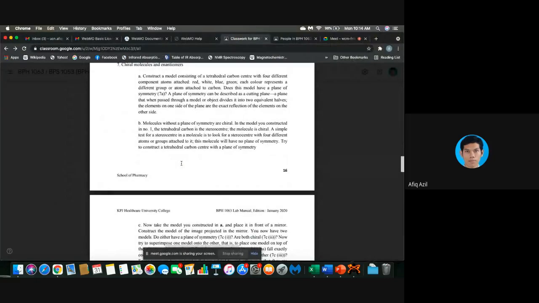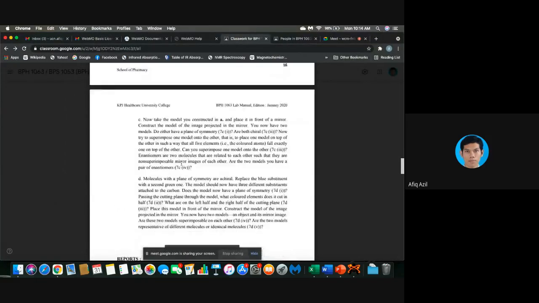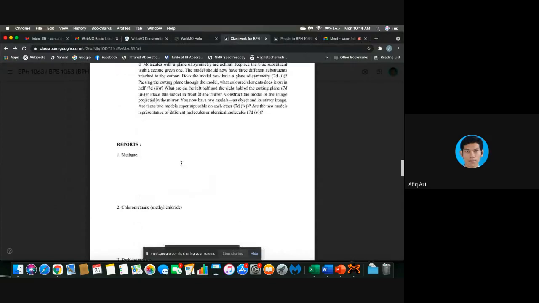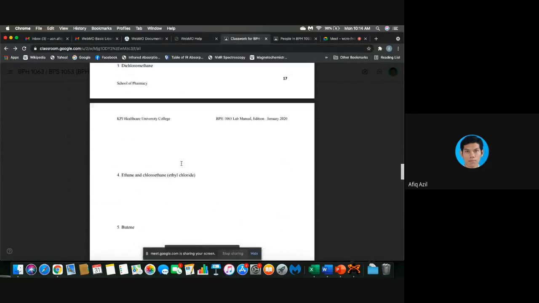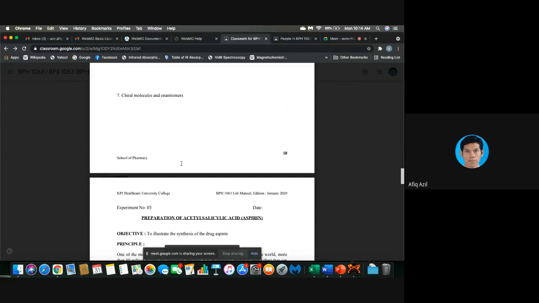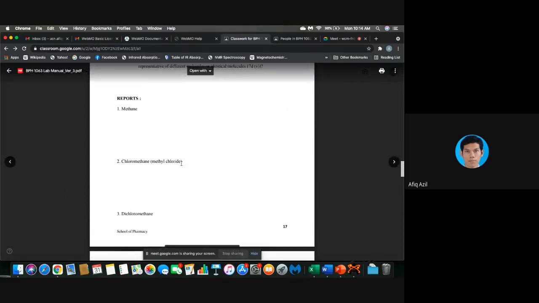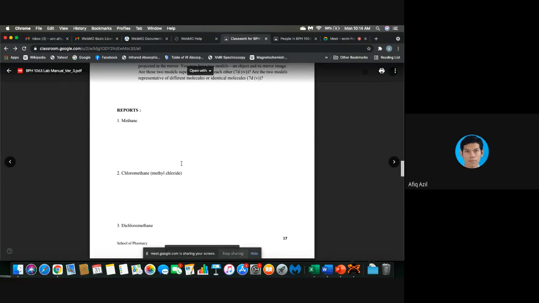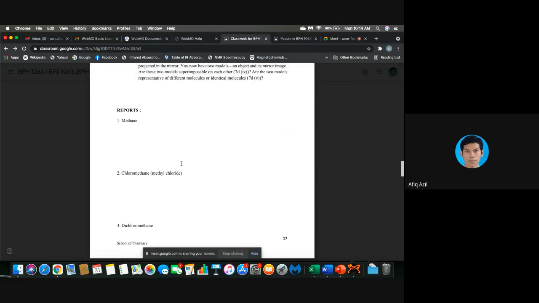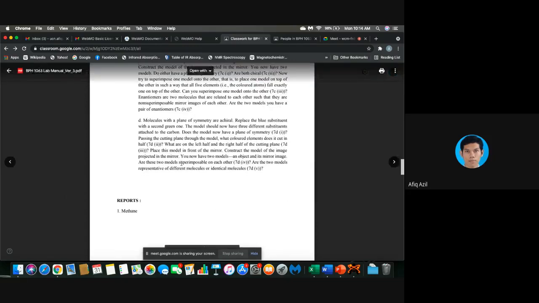Okay, A, B, C, and D. That all will be put here, so that your report is just the answers. For this second experiment, no need to rewrite all of the procedure again, because the procedure is like this.